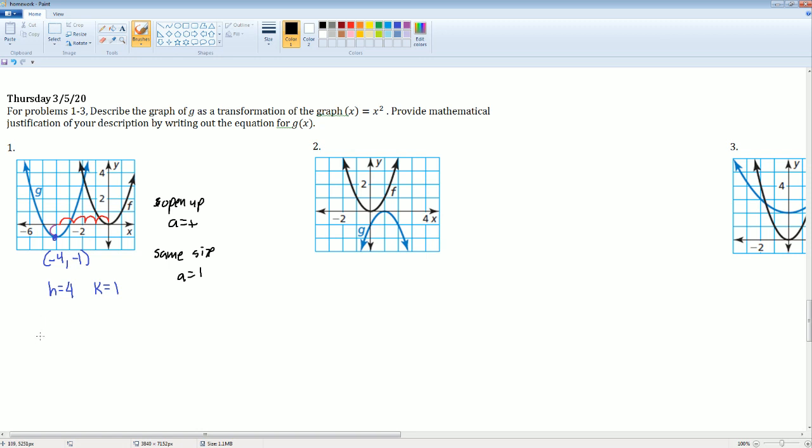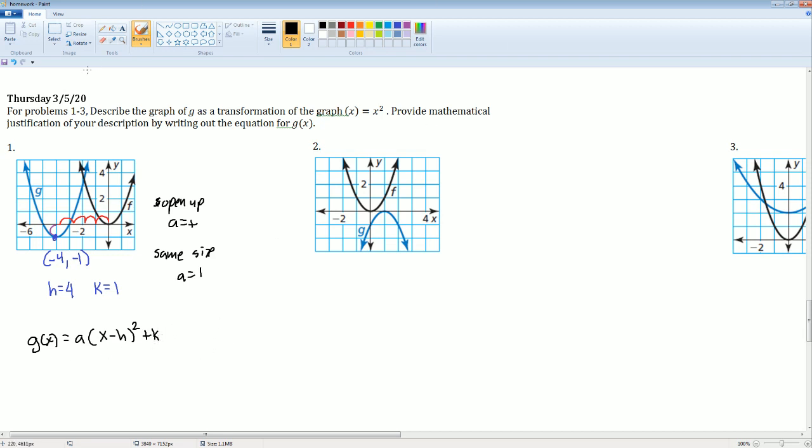I know that g of x is equal to a, then x is going to be something squared, then it's going to have some k here. It's like a times x minus h squared plus k. This is just vertex form.